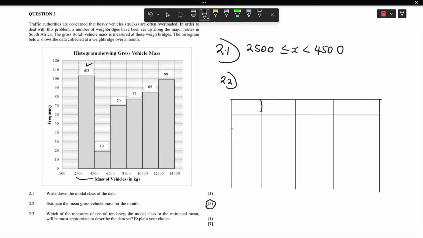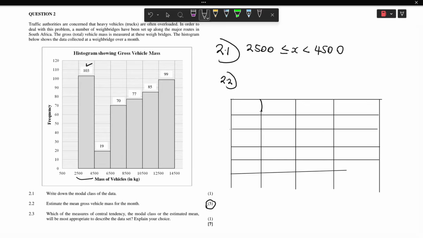We're drawing a frequency table so that we can populate this information in a table. All right, with this information, what are we going to do?